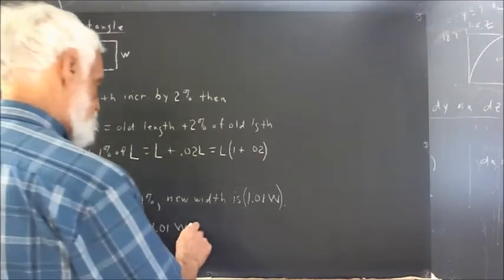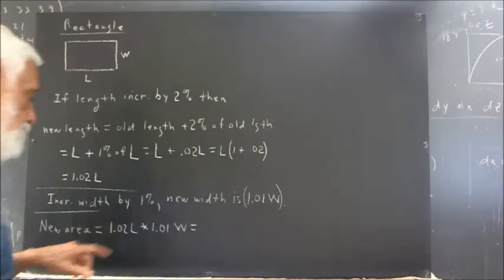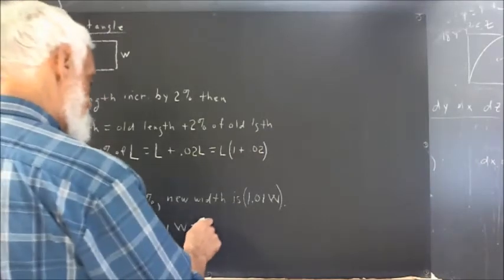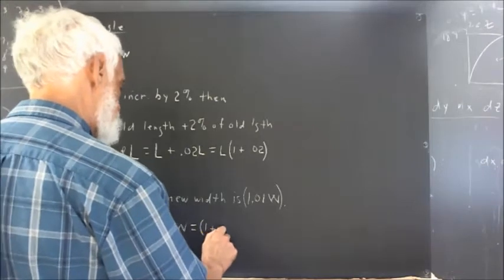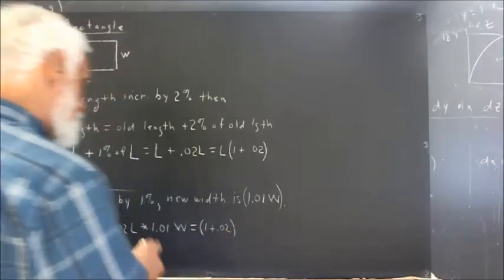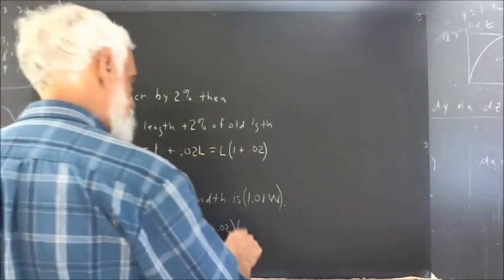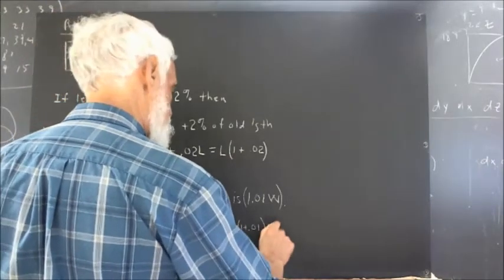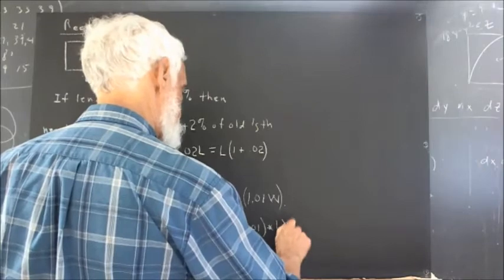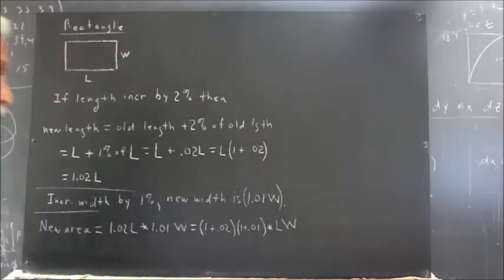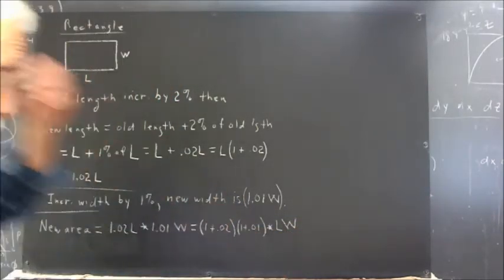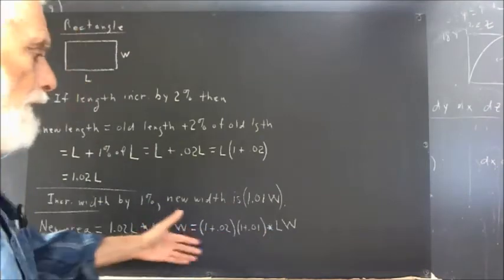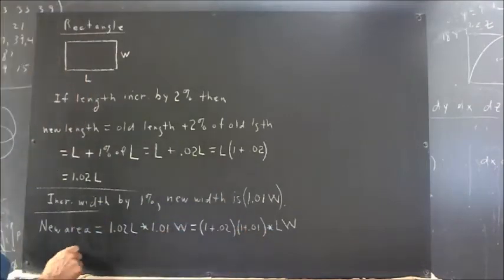Simply saying that if we express that 1.02 as 1 plus 0.02 and the 1.01 as 1 plus 0.01, times the product LW, we can expand this and get kind of an interesting result.